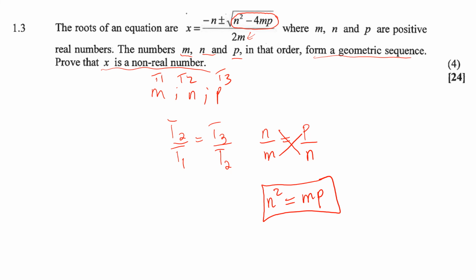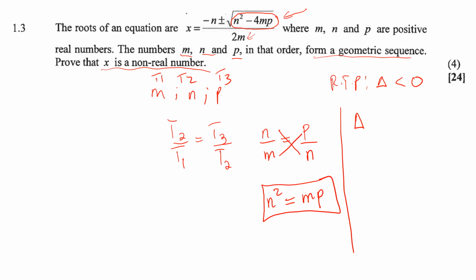We are required to prove that delta is less than 0. Delta is found inside the square root, because it's b squared minus 4ac. That's the formula for delta. If it's less than 0, meaning delta is negative, then the root of a negative does not exist, meaning x cannot exist, right?